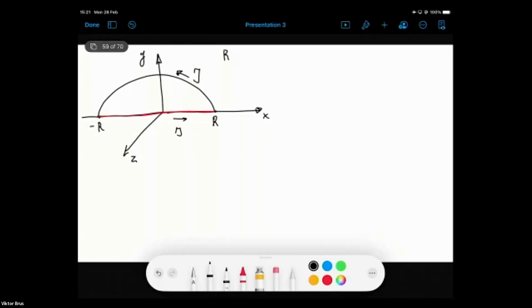Now let us consider that we place this system in some external magnetic field, which is oriented along axis y. So let's see.